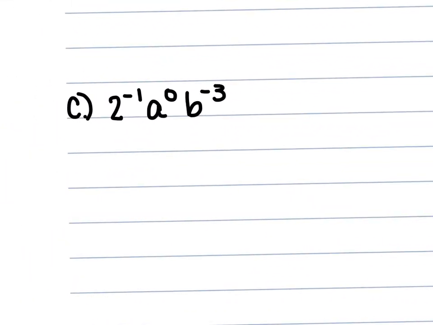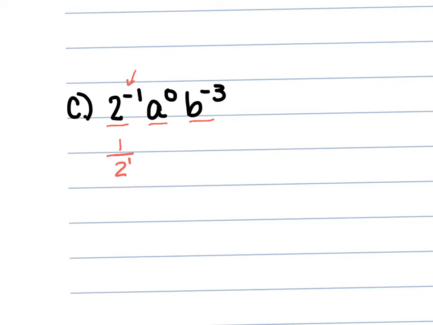Now we've got 3 separate things. 1, 2, 3. So the first one is a 2 being raised to the negative first power. So what that tells me there is that this should look something like this. It should look like a 2 that is in the denominator to the first power. Why? Because it's still a 2 to the first power here, but it's a negative first power.